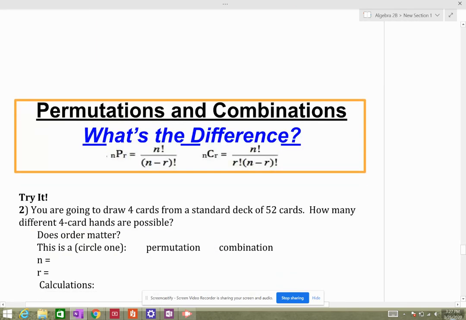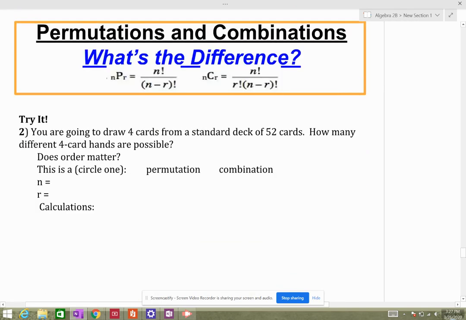Let's look at number 2. You're going to draw 4 cards from a standard deck of 52. How many different 4-card hands are possible? We're being asked, does order matter? If I have a Jack, Queen, King, Ace in my hand, does it matter if I swap the King and the Ace in terms of the order they're in my hand? No, it would be the exact same 4 cards.